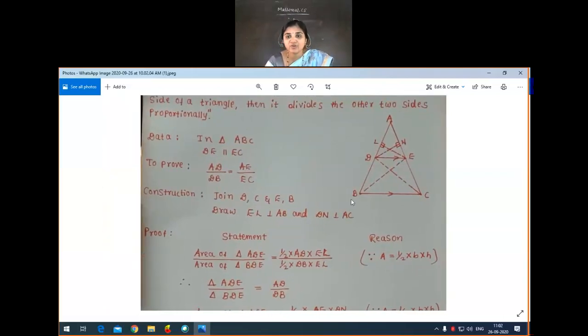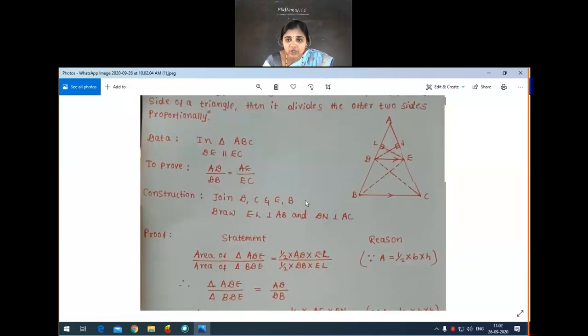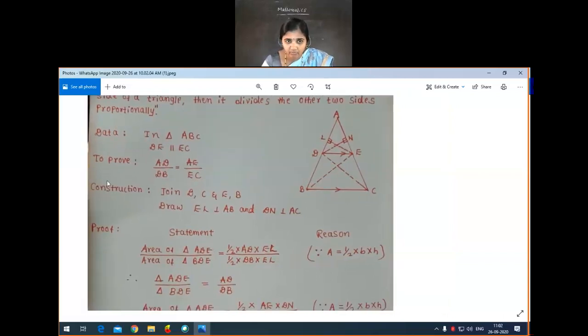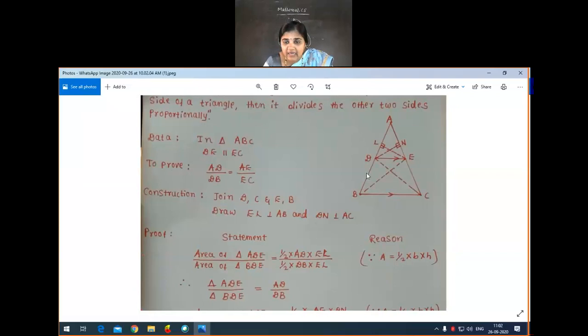After the statement, we have to draw one diagram. ABC is a triangle. See here, ABC is a triangle. So draw this DE parallel to BC. Then this is the diagram actually. This dotted line, now you don't observe.